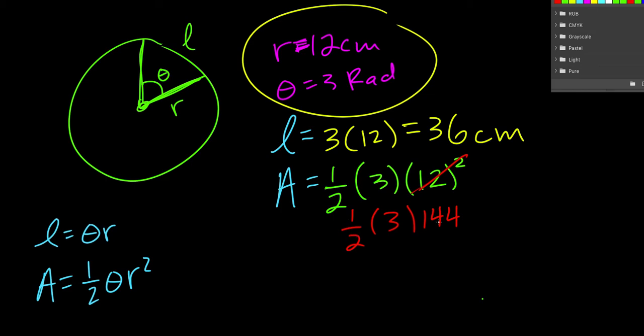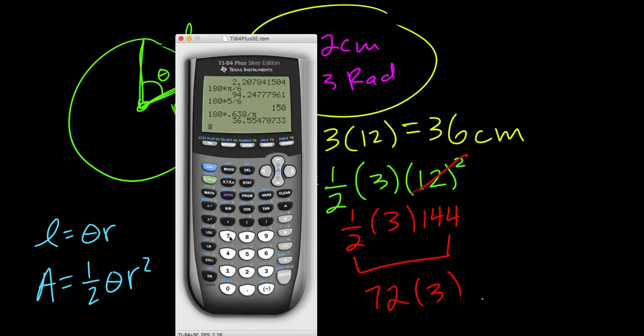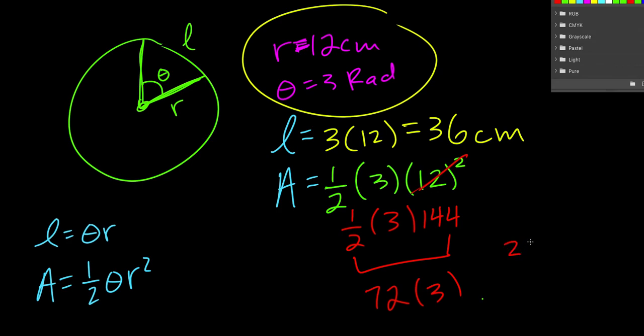It's probably easier if we cut 144 in half first, and so that's going to be 72. And then I'm still going to have to pull out a calculator, I think. So 72 times 3 gives us 216. And since it's an area, we're going to get our length unit squared. So in this case, centimeters squared.